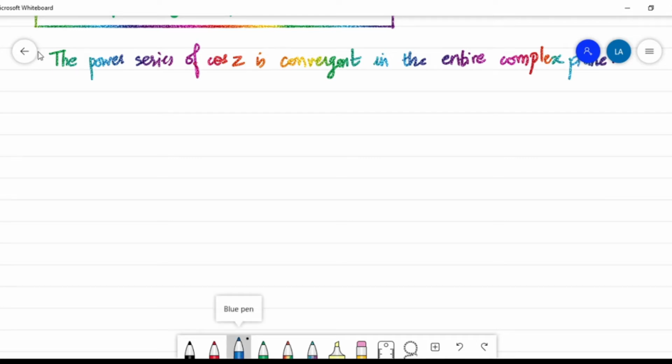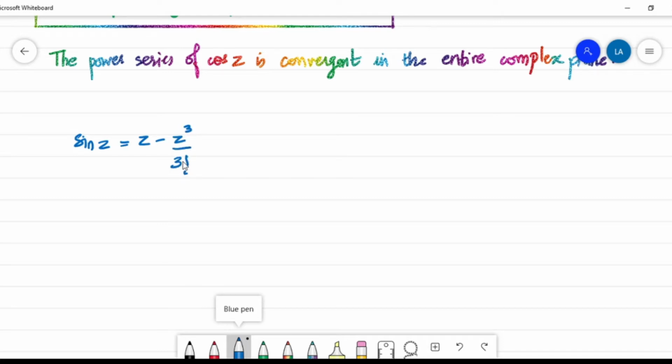Sin z is equal to, we are inspired from the real power series, remember that. Sin z is equal to z minus z cube by 3 factorial.